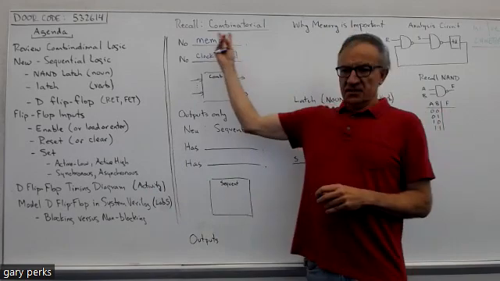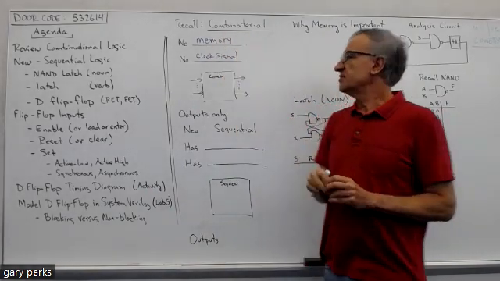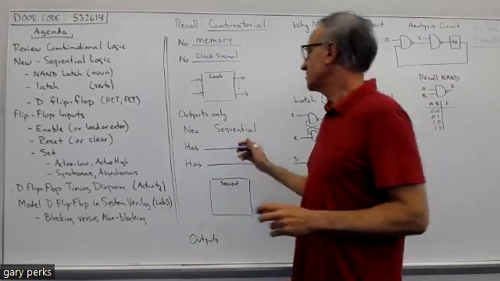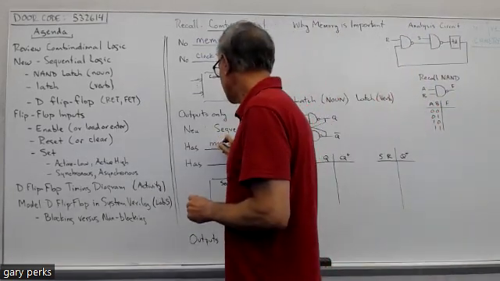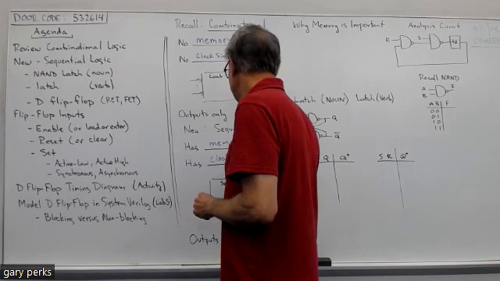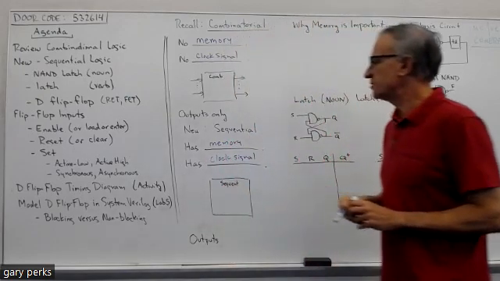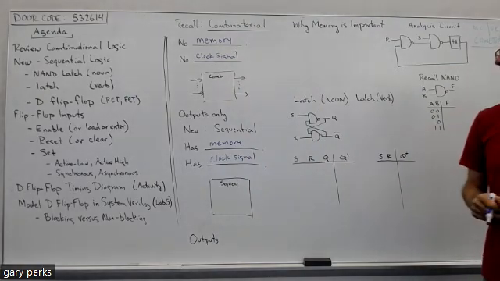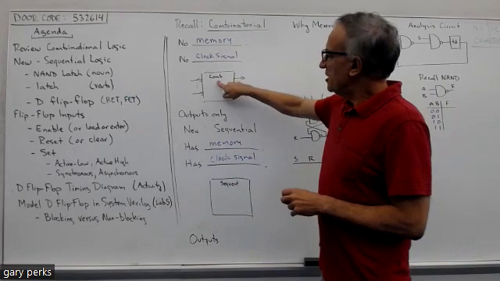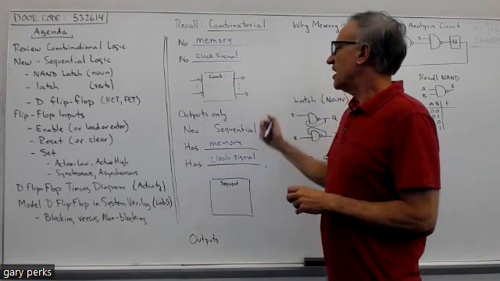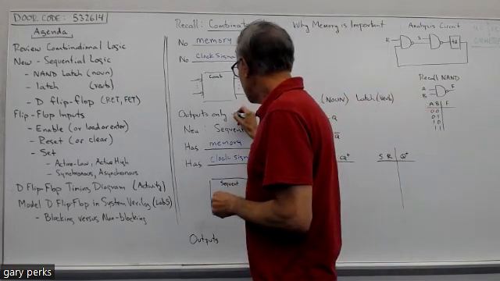Now, combinational circuitry doesn't have these two things. Sequential circuitry does have those two things. Sequential circuits have memory, and therefore a clock signal. So that's the big difference between the two. Also, the definition of a combinational circuit is that our outputs only depend on the inputs.